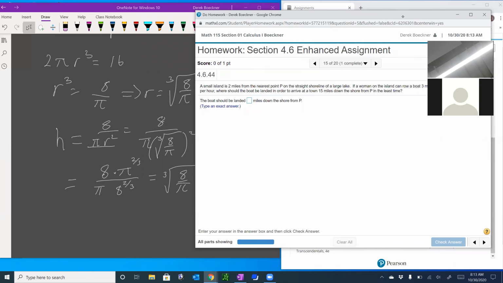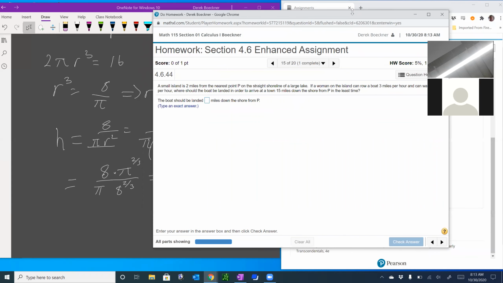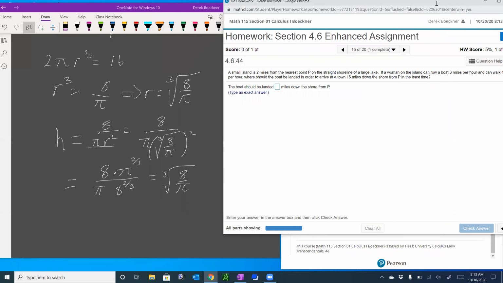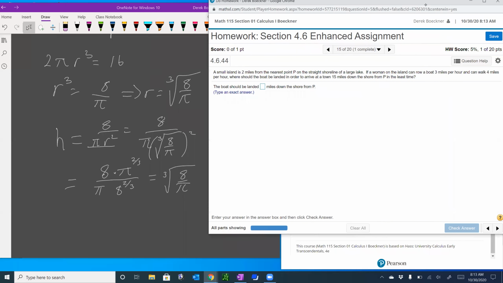At 15? Okay, we got to draw a picture because I can't figure out what's going on without a picture.